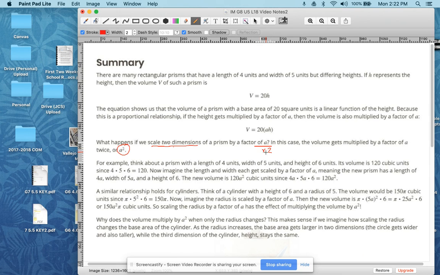So if I increase by 2, the volume is going to increase by 2 times 2, which would be 4. If I increase by 3, the volume is going to increase by 3 times 3, which is 9. And that's because we're scaling 2 dimensions. In the earlier lesson today, we only scaled 1 dimension, and that kept it the same with the volume. But because we're doing 2 dimensions, our volume is going to be affected by both of those dimensions being scaled.